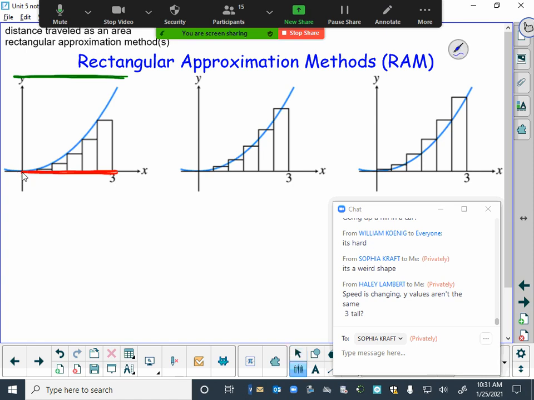It doesn't make sense to make it that tall because I know it's definitely trapped under that point. So anything up here would just be ridiculous in terms of trying to get an estimate of what that area is. This is the first thing that even kind of makes sense.